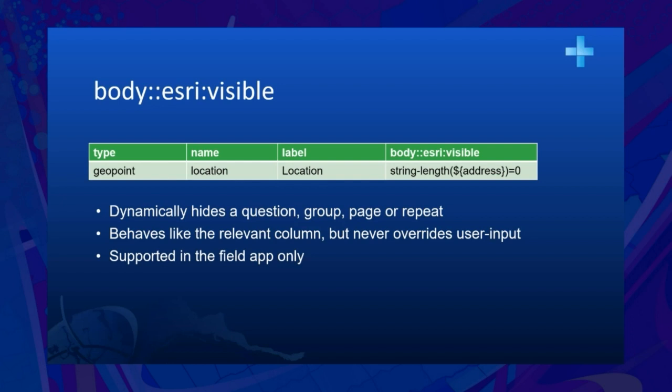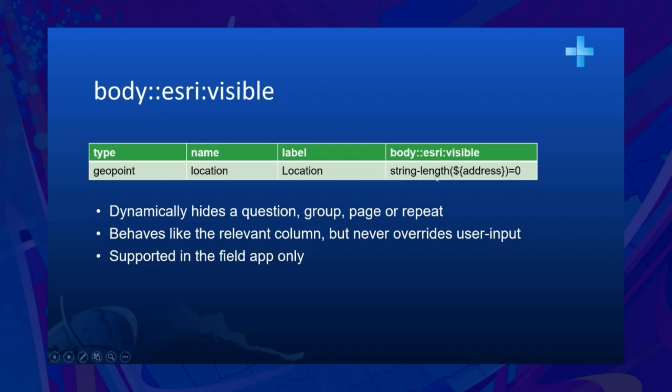Now the difference is that while the relevant column will null all values when the function or expression is false, in the case of the Esri visible, it doesn't. So it preserves any values that the user may have typed. So for example, you start typing an address in this case, and the geopoint question will disappear, right?